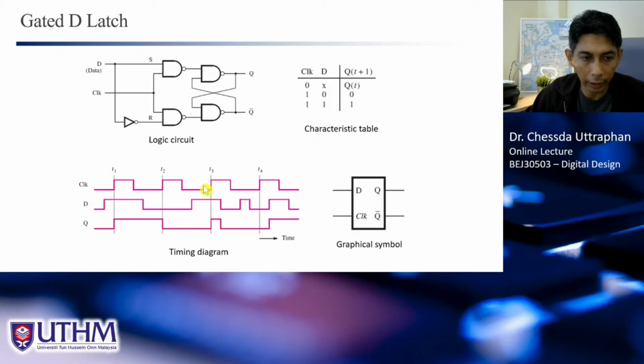When the clock is not active, the output here will remain the same. If it is 0 here, it will be 0 until we have the clock active here, and it will go to 1, following the D here. So that is the behavior of the D latch.